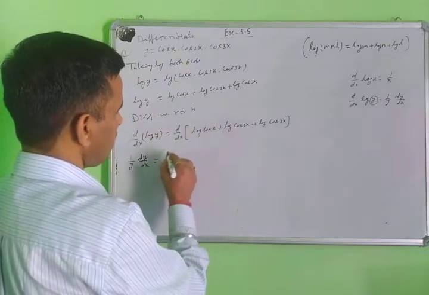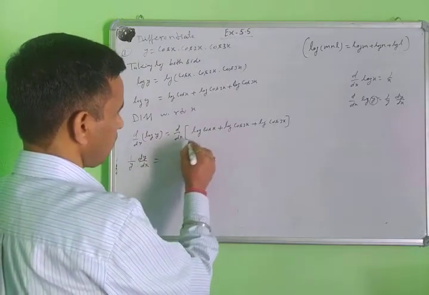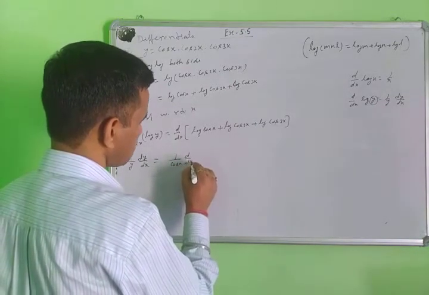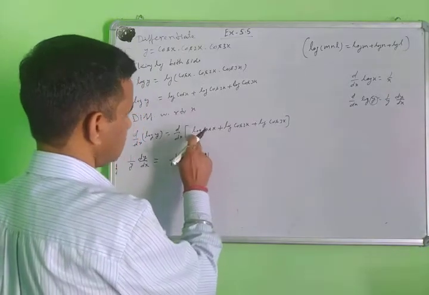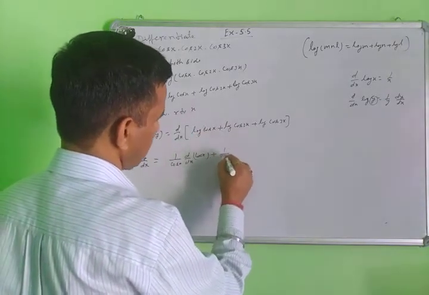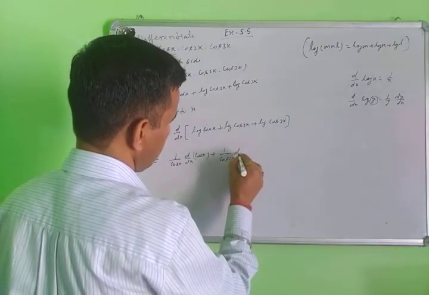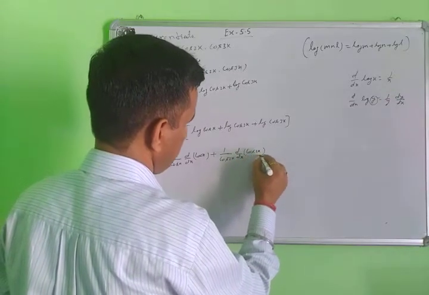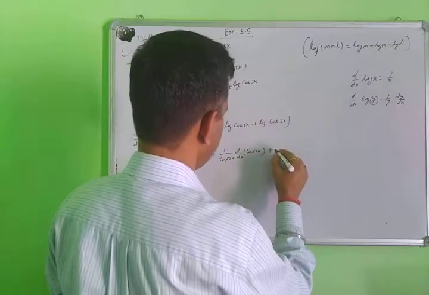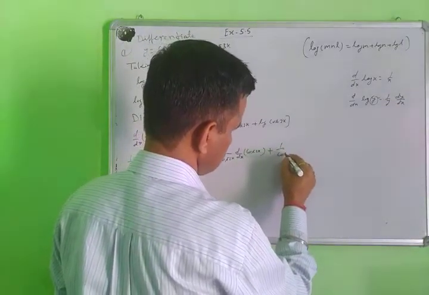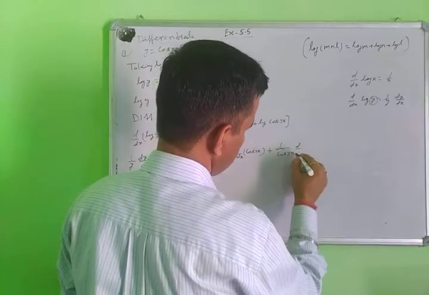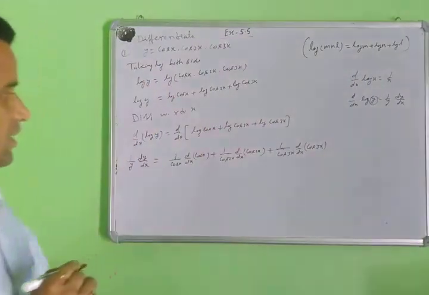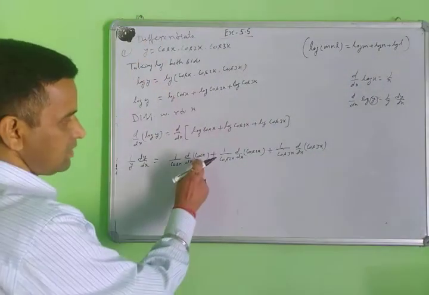Again using log on the right side: 1 upon cos x times d over dx of cos x, plus the same for cos 2x, plus 1 upon cos 3x times d over dx of cos 3x.